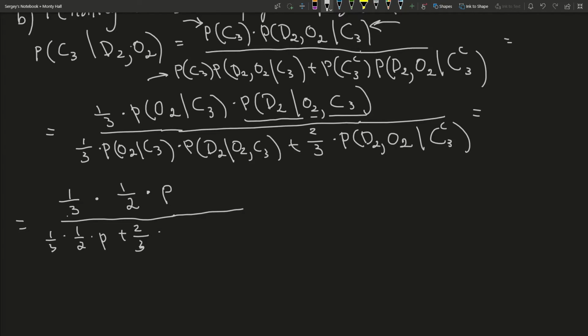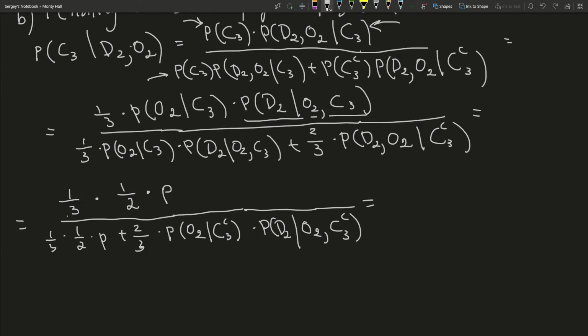And we can say, well, what is the probability that there is a computer behind door 2 given that the car isn't behind door 3, multiplied by the probability that Monty opens door 2 given that there was a computer behind door 2 and the car wasn't behind door 3.